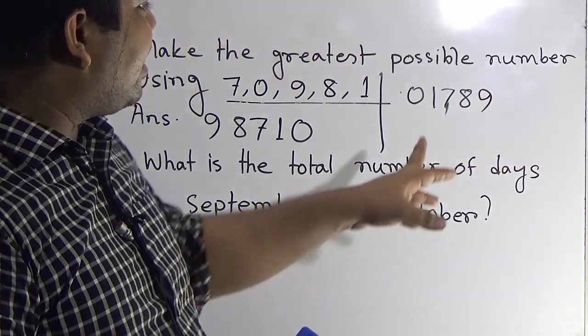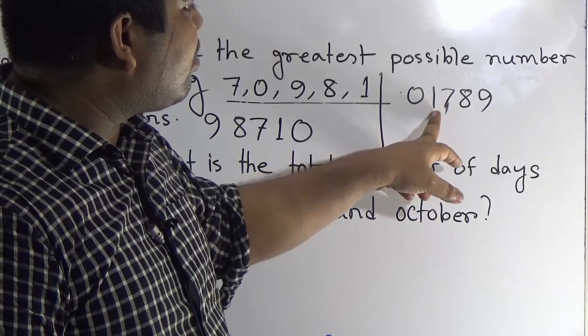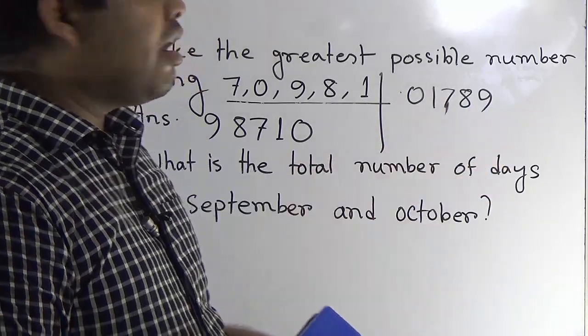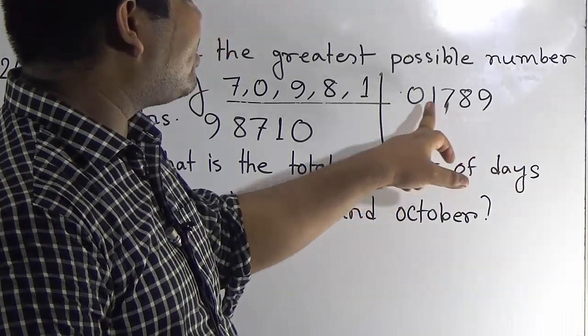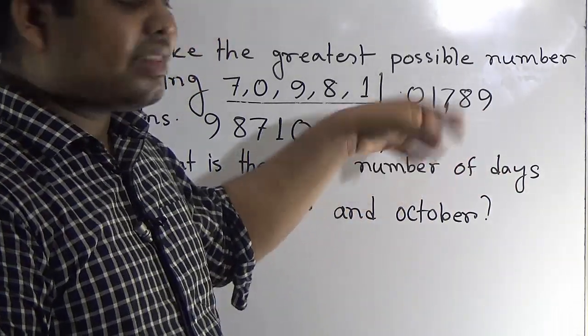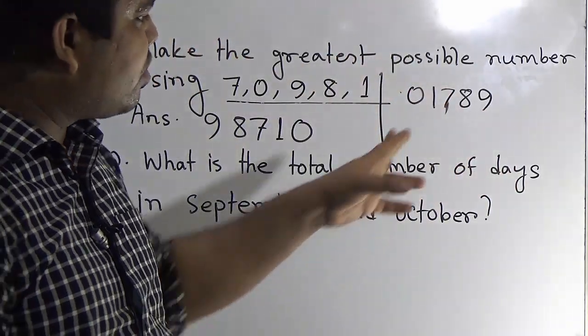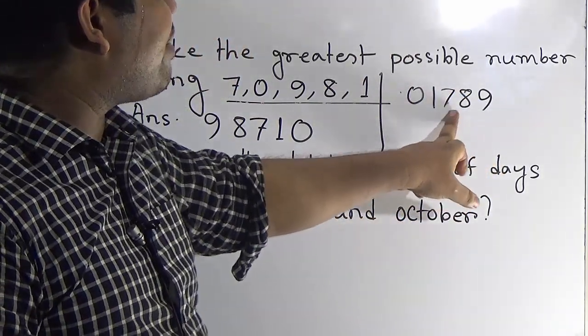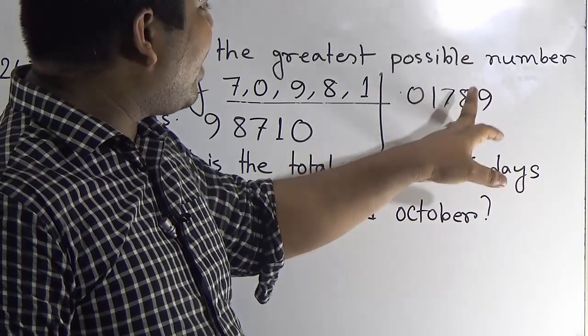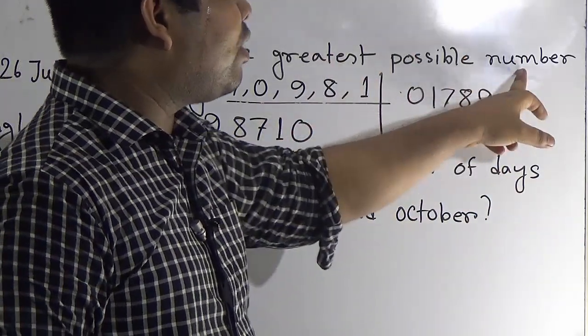My dear students, please notice 0, 1, 7, 8, 9. But we know that for a number which has 0 at the left hand side, that 0 has no value. So it has no value and we read it as 1789.